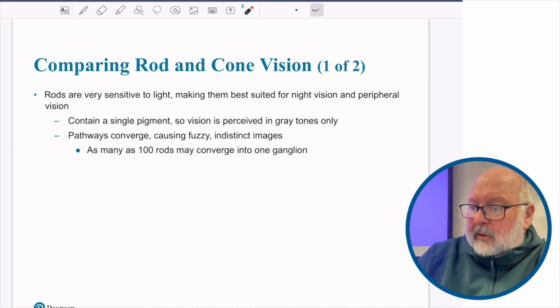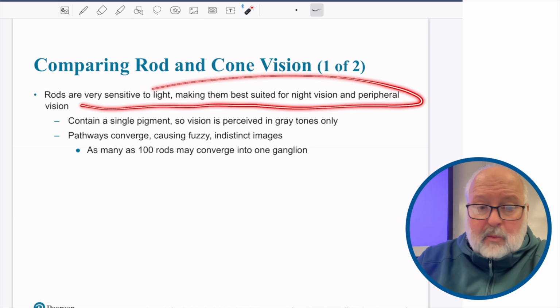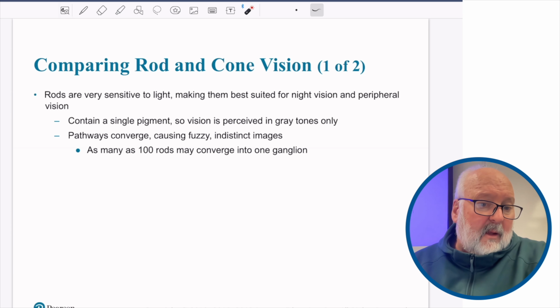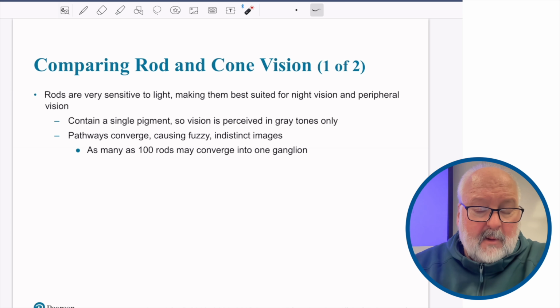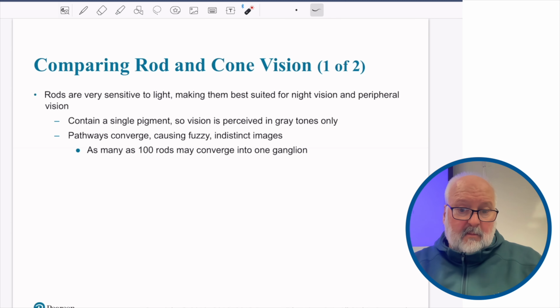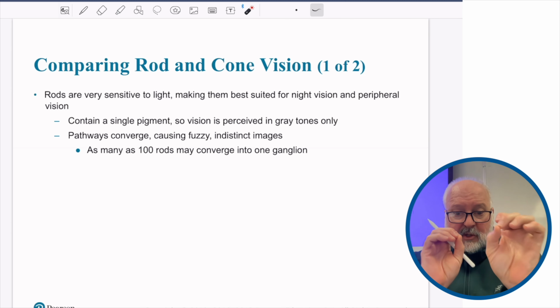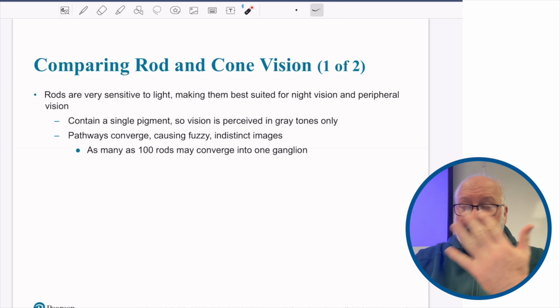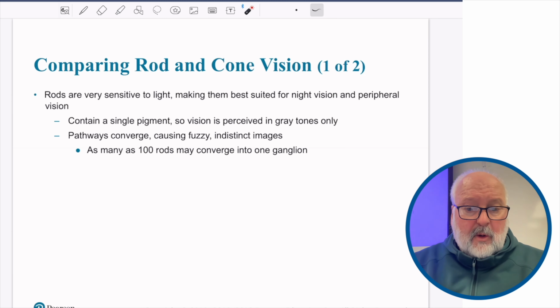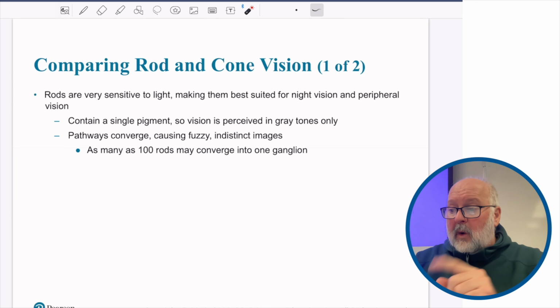So rods are really sensitive to light, making them really perfect for night vision and peripheral vision. They contain only one type of pigment, where the cones contain a variety, 3 different pigments. So in the cones, each of the 3 pigments is really sensitive to different wavelengths, and we'll come to that. But in the world of rods, there's only one pigment.